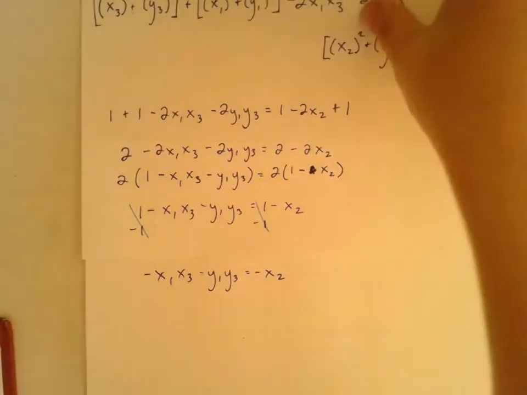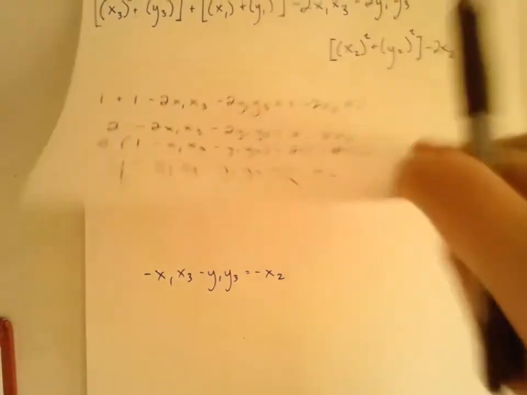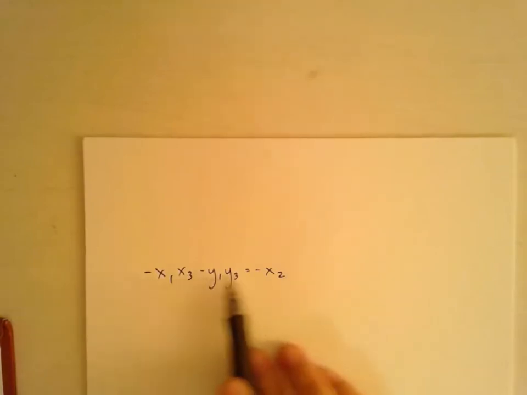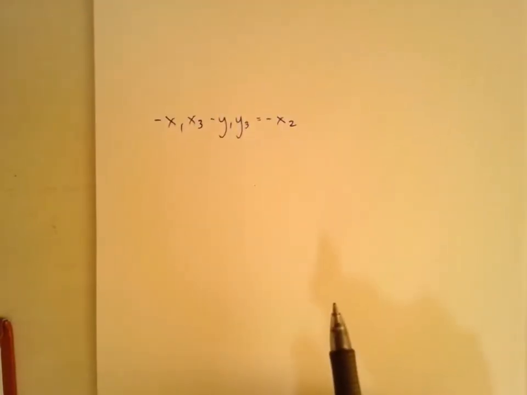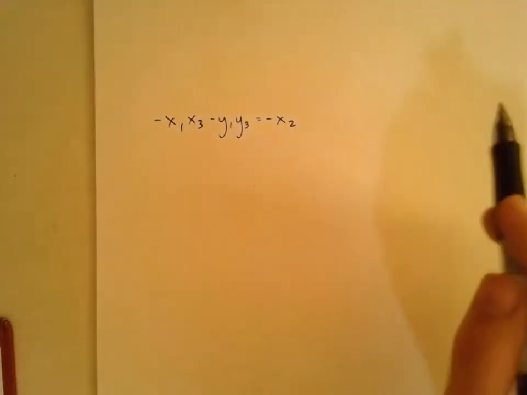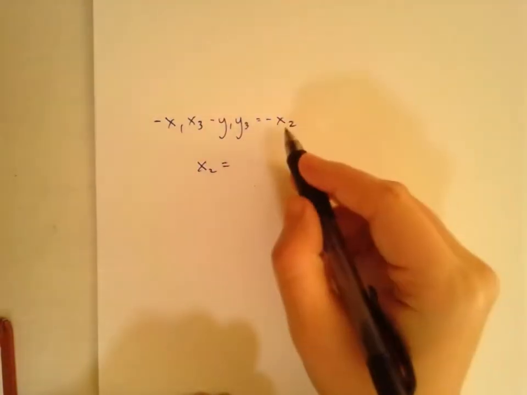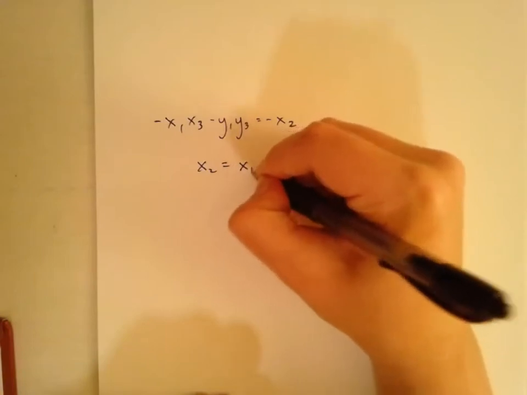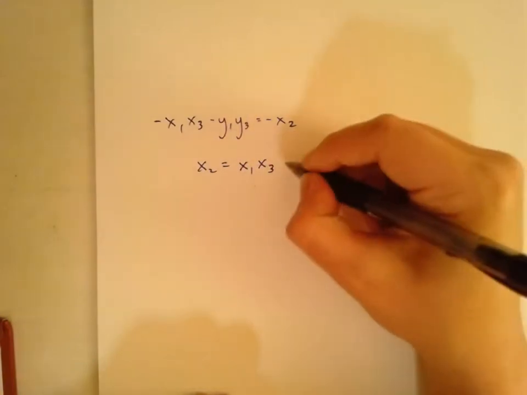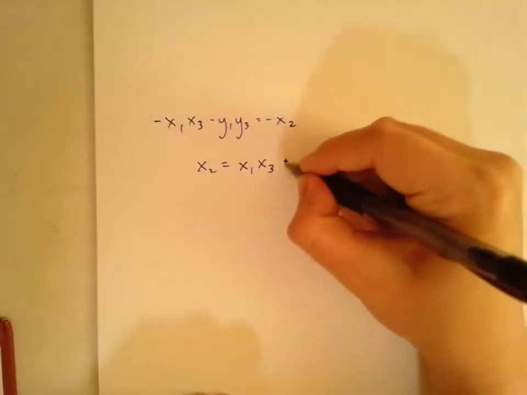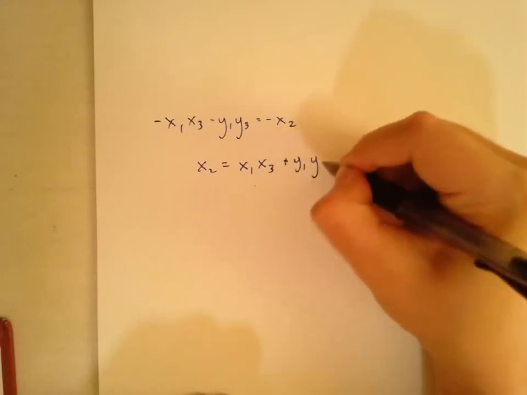And again, a basic property of just solving equations. If I have everything negative, I'm really allowed to change the sign. If I change the sign of one side, I'm allowed to change the sign of the other. So I can make this x2 positive equals positive x1, x3 minus, or pardon me, plus now, y1, y3.